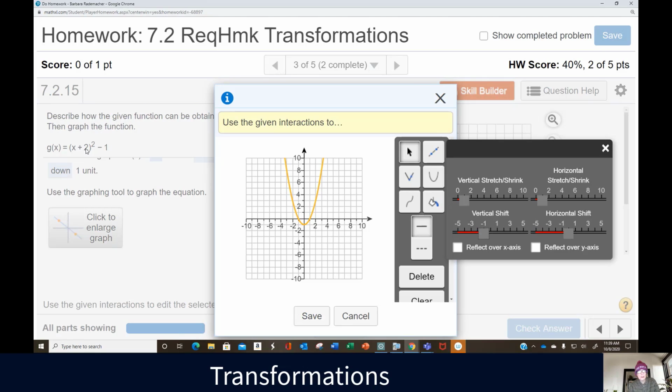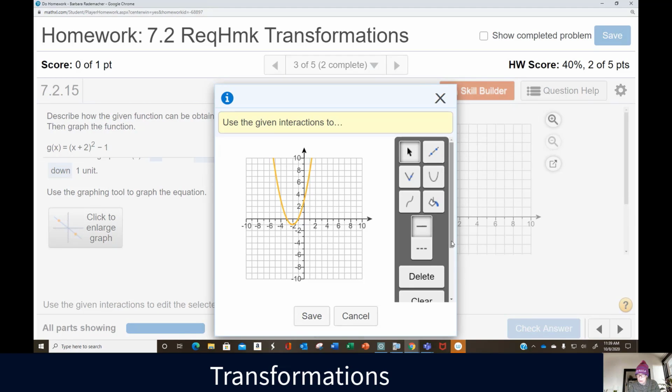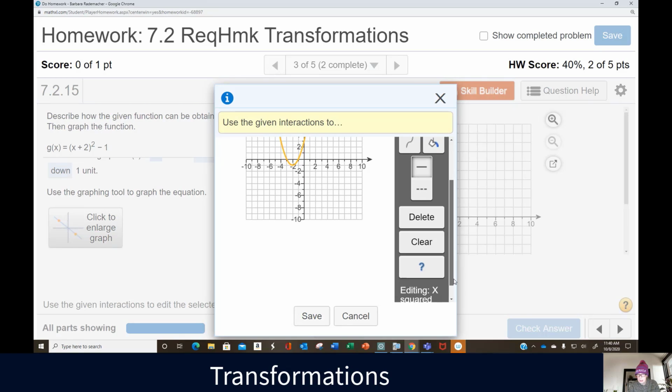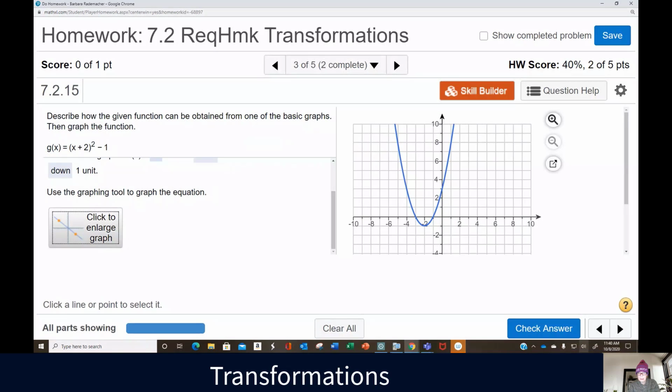If you set x plus 2 equal to 0 and solve, you'll get x equals -2. So come over to the horizontal shift and go to -2. Those are the only two kinds of transformations that are occurring. So, there. Save, check.